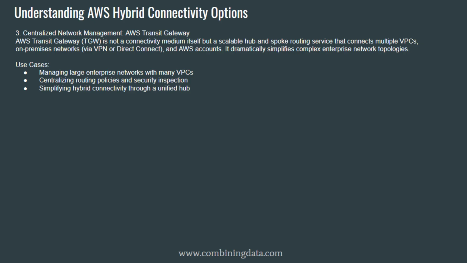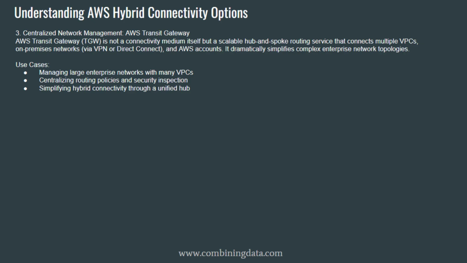Instead of full mesh VPC peering, everything connects to a single hub. Scalability. You can attach thousands of VPCs and connections without redesigning your network. Centralized security inspection. Traffic can be routed through shared security appliances, such as firewalls or inspection VPCs.